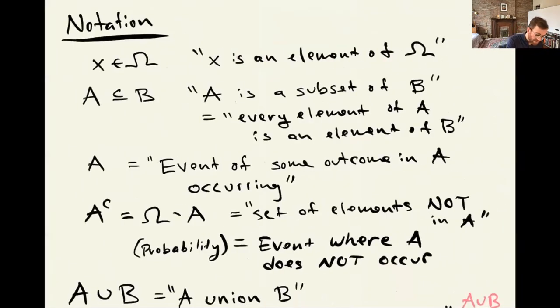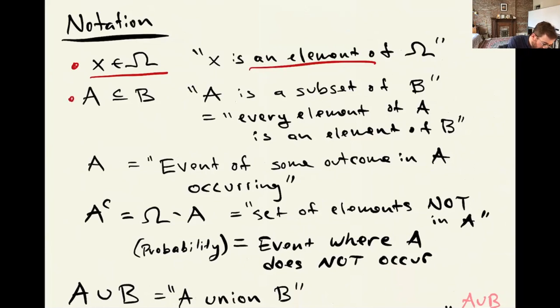So let me just bullet point some set theory notation in case you haven't seen this already. We have x, which looks like a sideways e, sort of like an epsilon. That's x is an element of Omega.